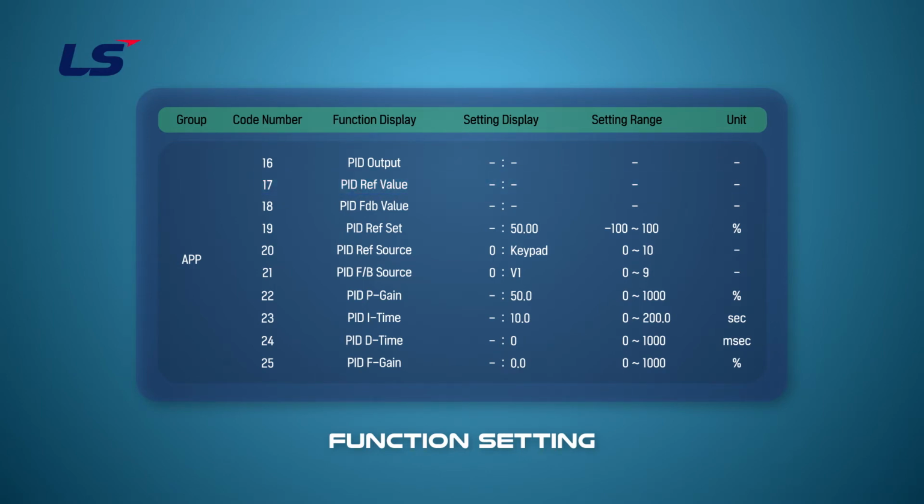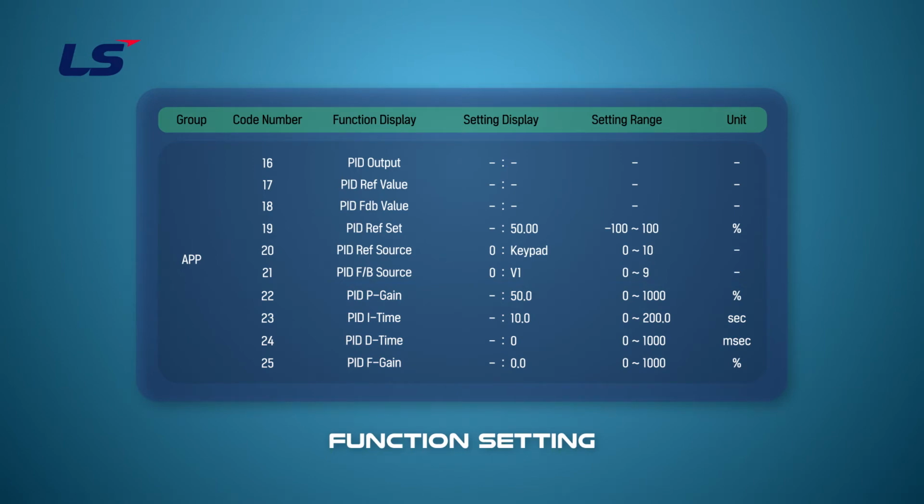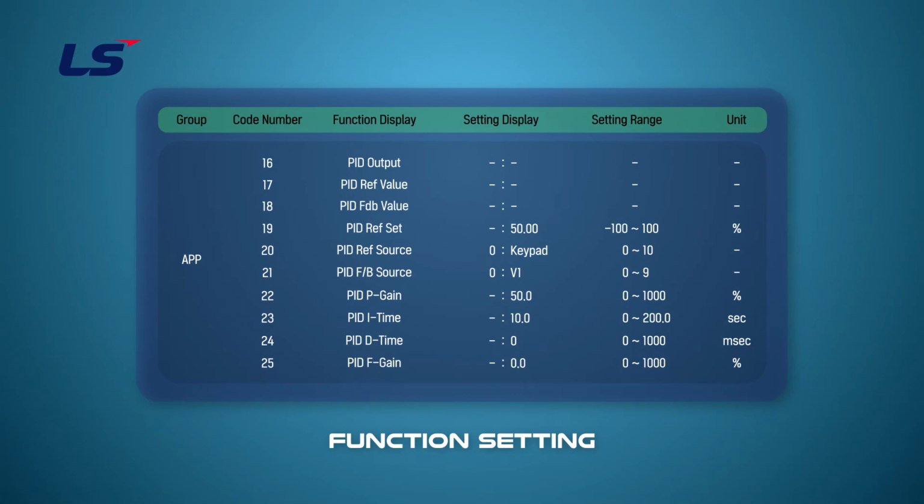The next is the proportional, integral, differential gain, and forward compensation gain. The proportional gain is set in percentage, but note that the integral and derivative gains are set in units of time.